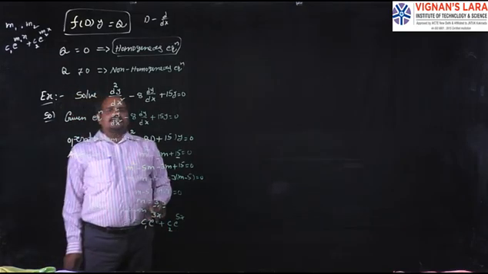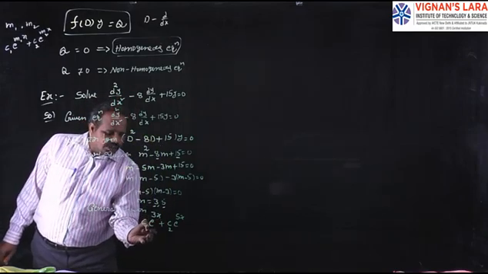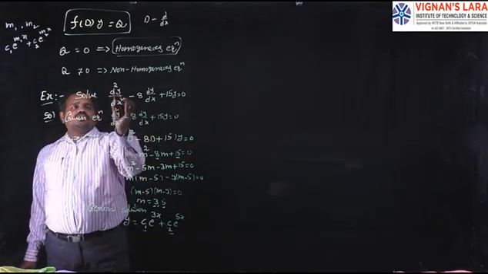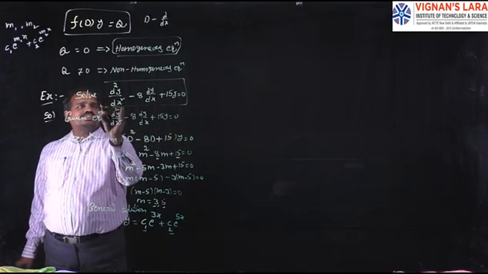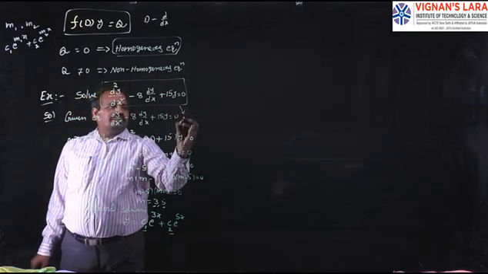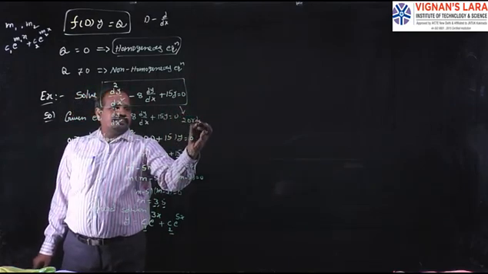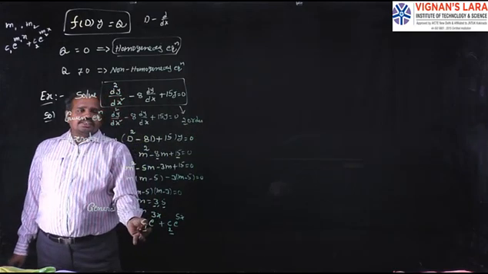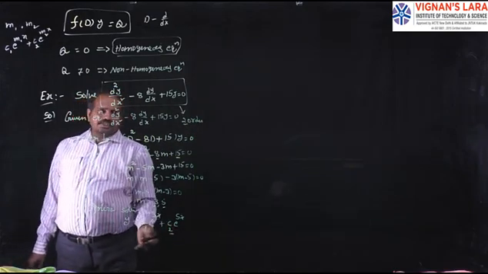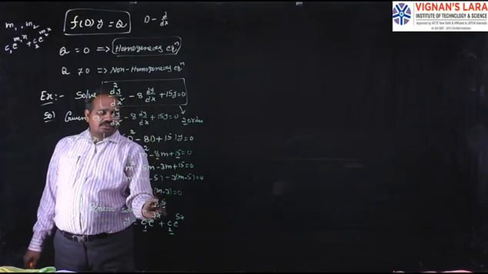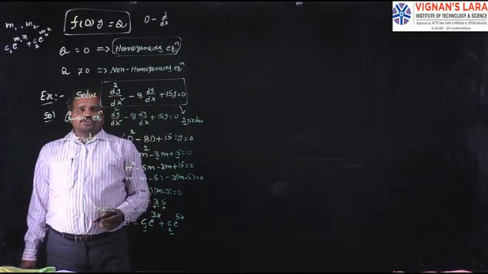This is the general solution of the equation. Here we have two arbitrary constants because our differential equation is second order, so the general solution has two arbitrary constants, and we got two roots of the equation.